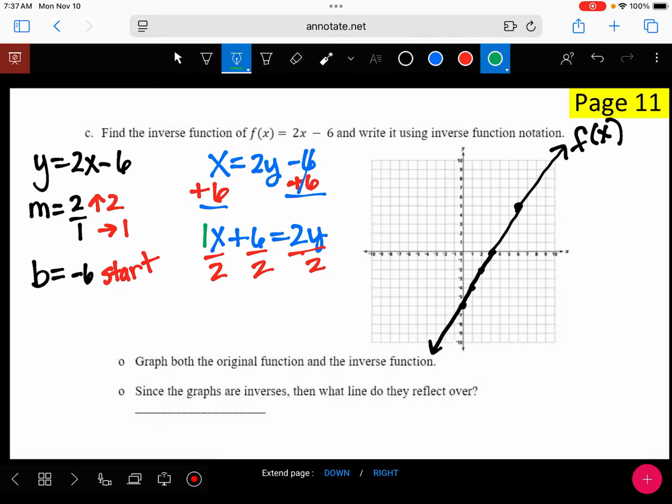There's an invisible 1 right here. So our function becomes the inverse of f of x is 1/2 because you have 1 over 2. And then 6 divided by 2 is 3. So it's 1/2 x plus 3. So go ahead and graph that.